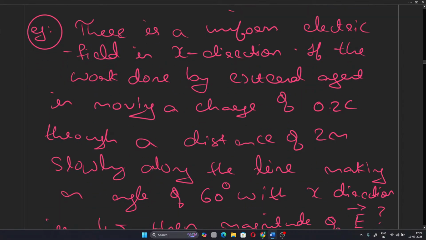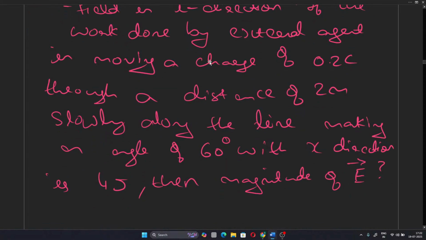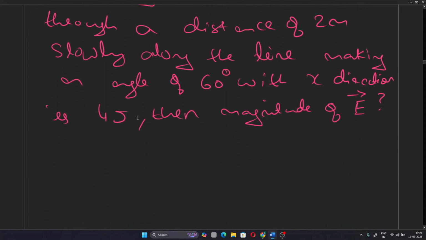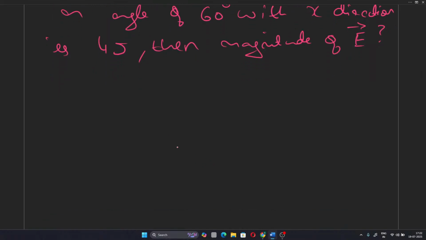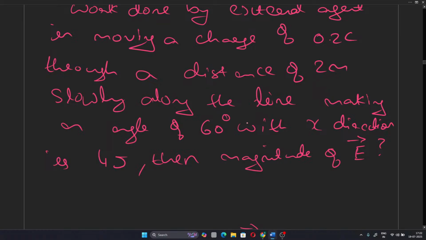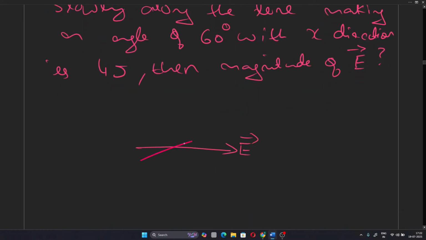okay, there is a uniform electric field in x direction. If work done by external agent in moving a charge of 0.2 coulomb through a distance of 2 meters slowly along the line making an angle of 60 degree with the x direction is 4 joule, then magnitude of E is, this is the direction of electric field, and this is the 60 degrees, this is the path followed by the 0.2 coulomb charge.